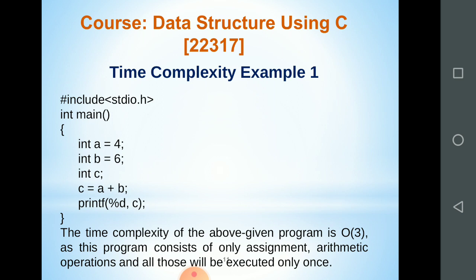There are only 3 basic statements: A is equal to 4, B is equal to 6, C is equal to A plus B. These are the only 3 important statements, each taking 1 unit of time, so the time complexity of the program is big O of 3, as it consists of only assignment and arithmetic operations, all executed only once. Simple statements, 3 statements, so the time complexity is big O of 3.